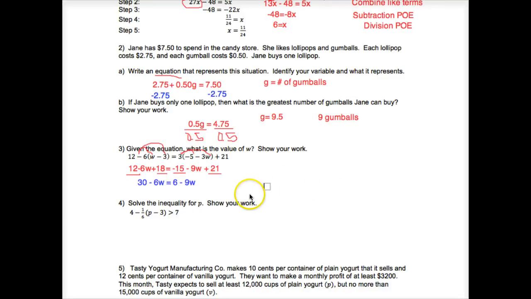So now the next general step, because I've finished the first thing, both individual sides are as simplified as they can be. My next step then is going to be to get all my variables on one side and all my numbers on the other. So I chose to move this 6W by adding it. So I'm going to add 6W to both sides here.